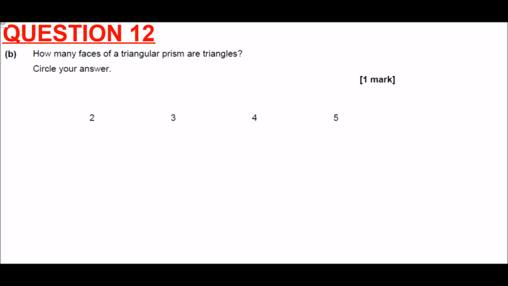Part B, a similar question, but this time we're asked about a triangular prism. And so in the same way, what I've decided to do is just remind us what a triangular prism is by revealing one here. And hopefully this will make it quite clear that there's only 2 faces which are triangular on a triangular prism.